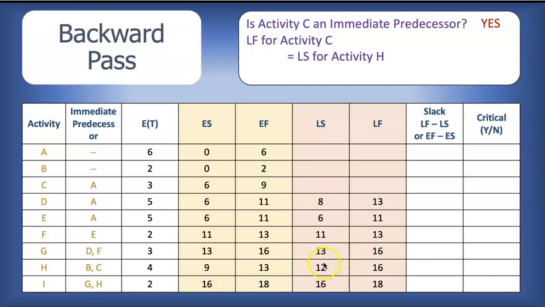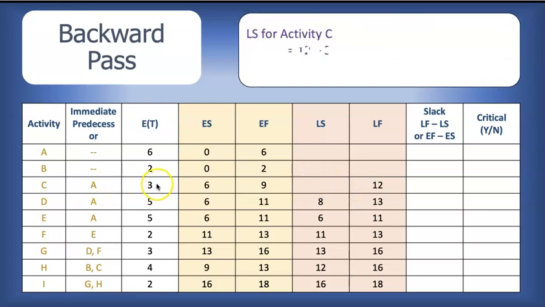So the latest start time for activity H is week 12. So activity C must end by week 12 to be able to pass the baton to activity H. For the latest start time, we simply subtract the expected time of 3 weeks. 12 minus 3, 9.